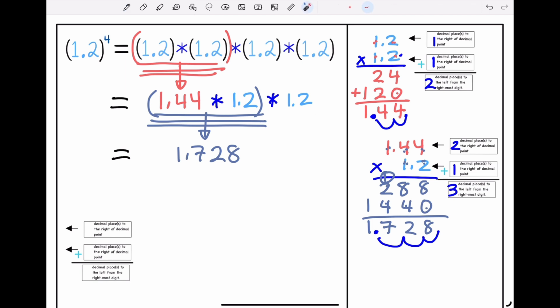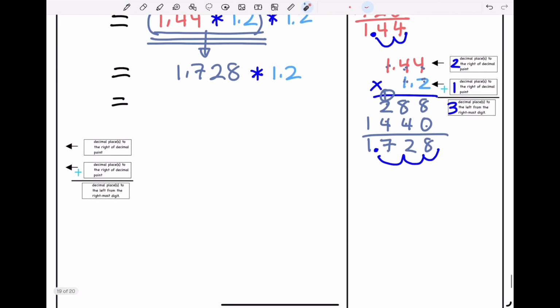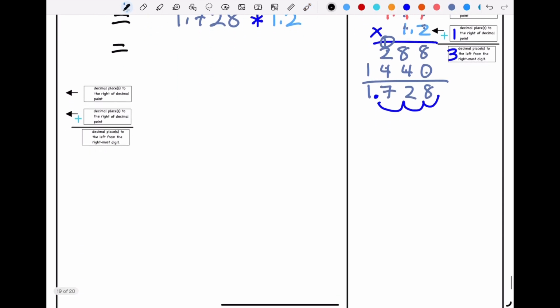So we have 1.728 times 1.2. We're almost there. We just have to multiply 1.728 times 1.2. So let's do it down here. So let's begin multiplying. 2 times 8 equals 16.